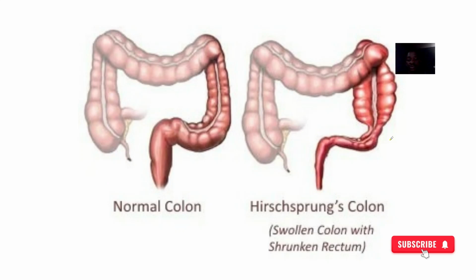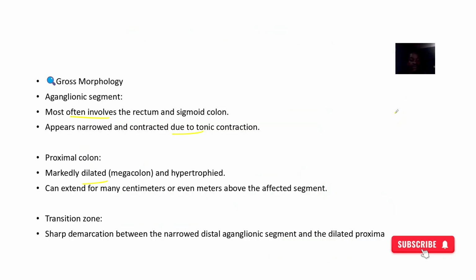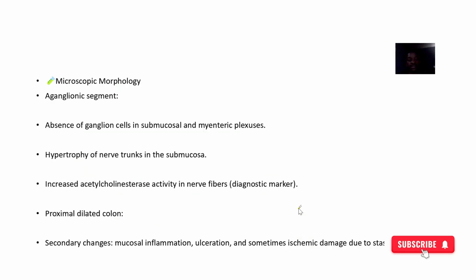The down is contracted while the up is very big. Do you understand? It can extend many centimeters or even meters above the affected segment. The transition zone is a sharp demarcation between the narrow distal aganglionic segment and the upper part, which is dilated.